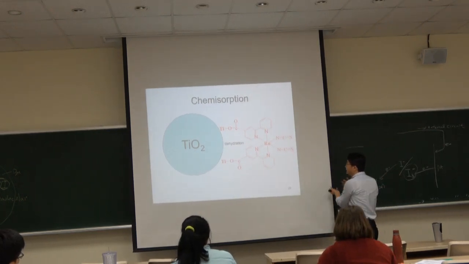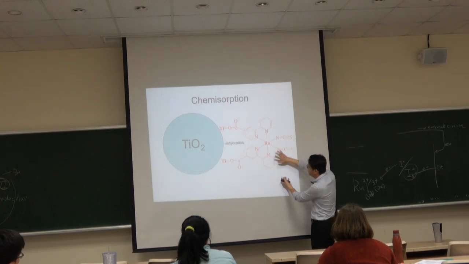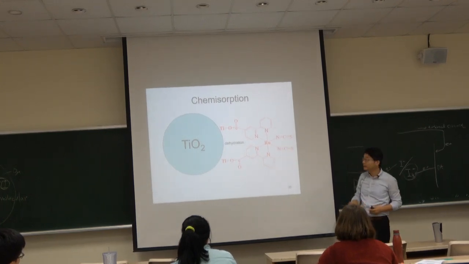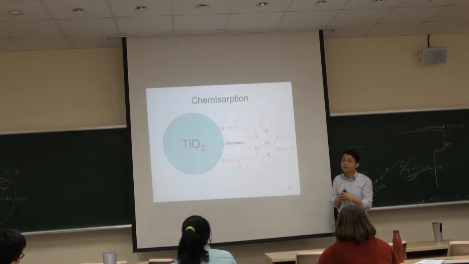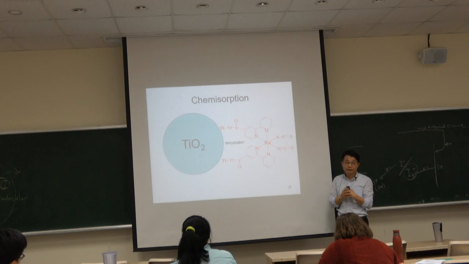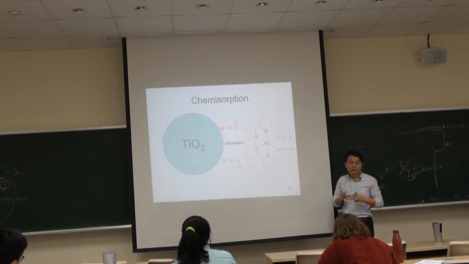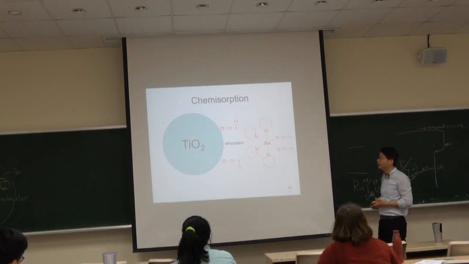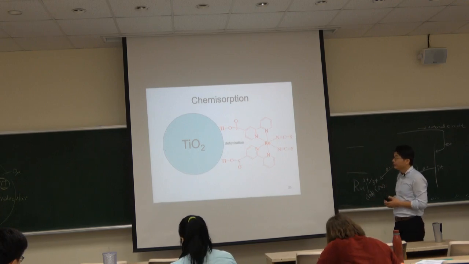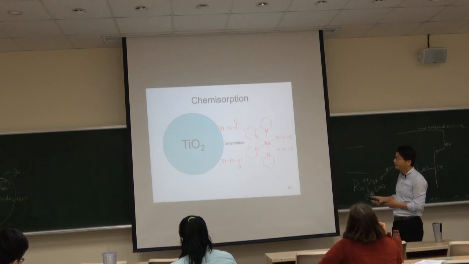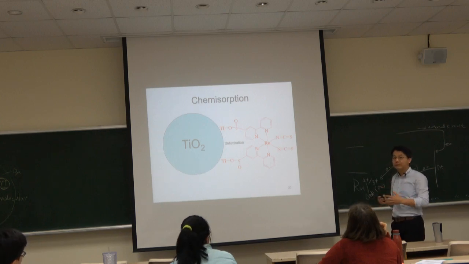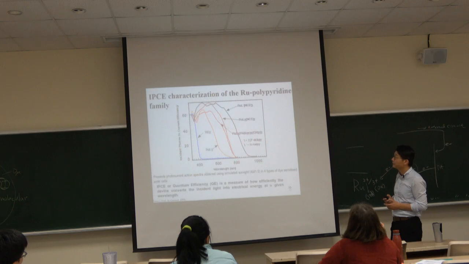And then if the next dye comes onto the monolayer of the dye, it is only a physical bond, a physical attachment. There's no chemical reaction, so no chemical bond. So you can just use some ethanol or some solvent to clean the extra dye from the surface. So it then becomes a monolayer.